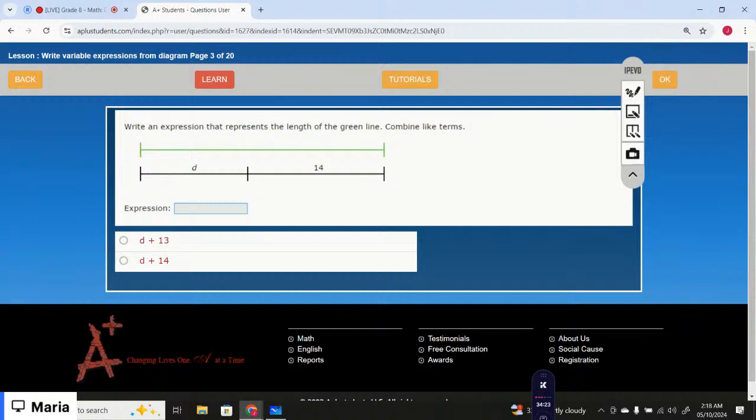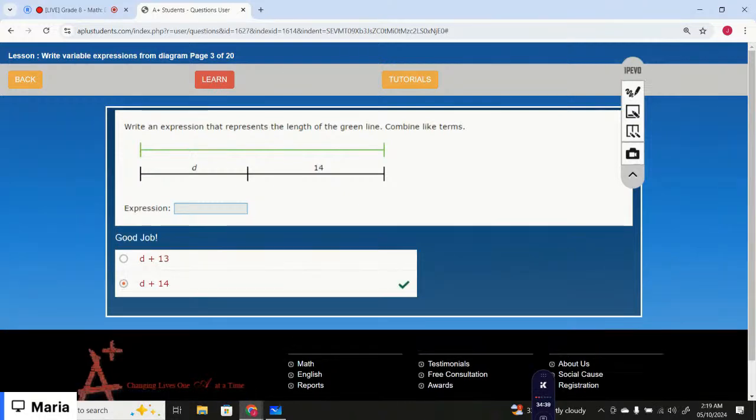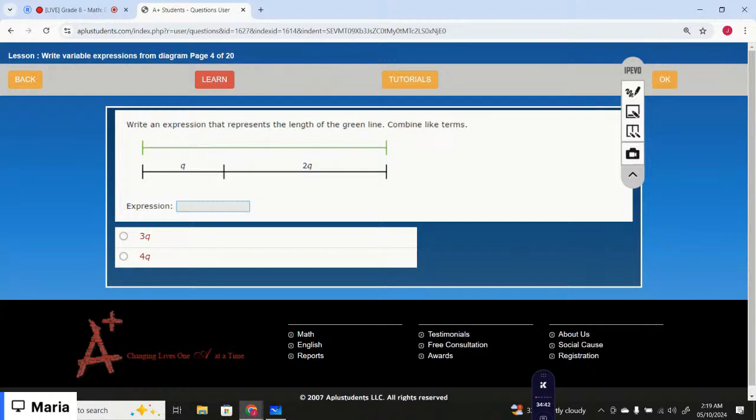Write an expression that represents the length of the green line. So which is the correct option? Very good. D plus 14 it is. That is option number 1. 3Q is the correct option, right?